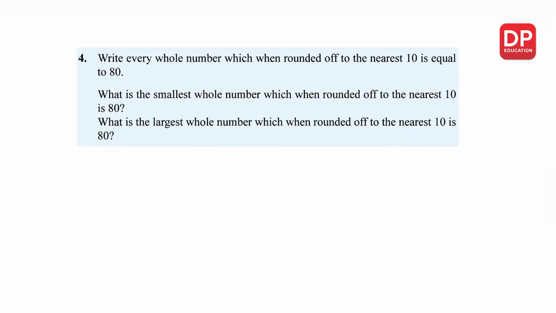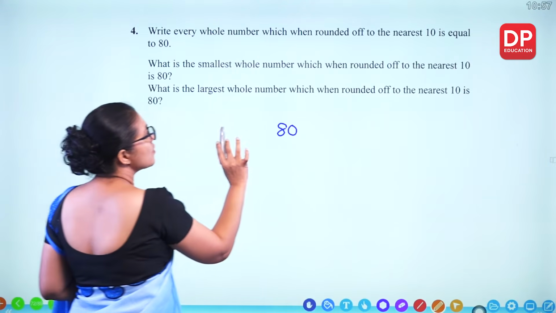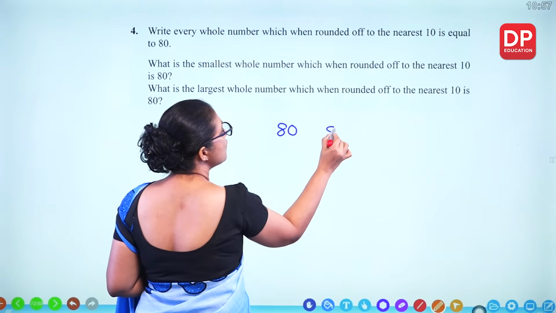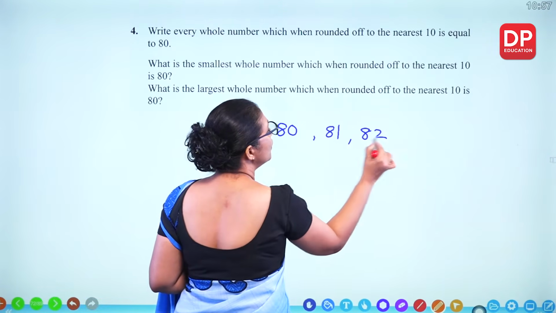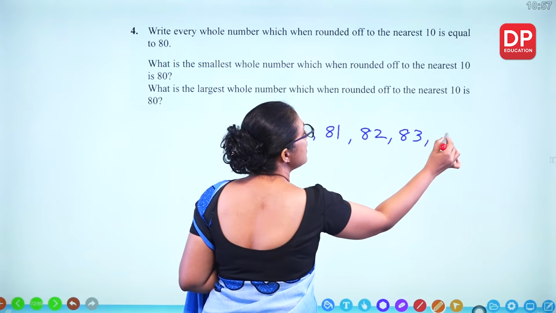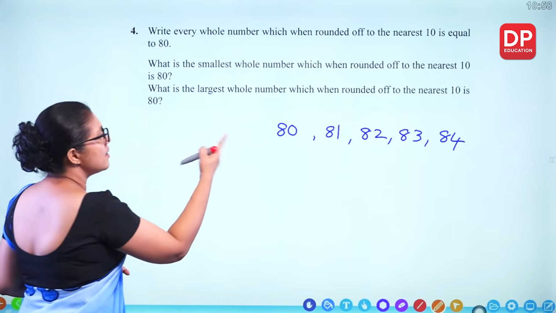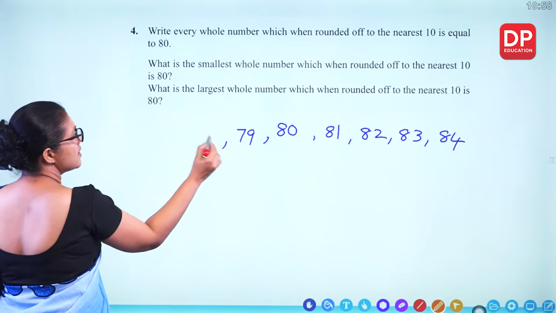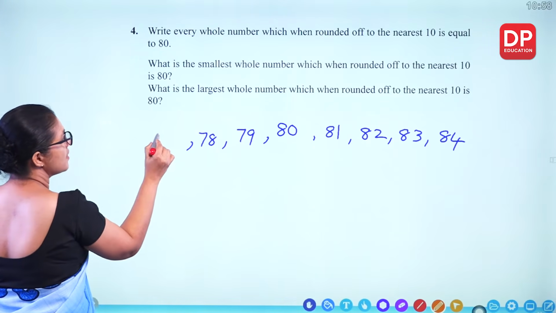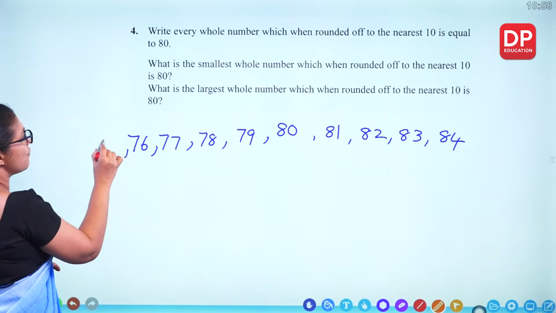Write every whole number which when rounded off to the nearest 10 is equal to 80. If you take 80, on this side you can take 81. That's also 80. 82, 83, 84. But you can't take 85, that becomes 90. To this side, 79, adding 1 you get 80. 78 also possible. 77, 76 and 75.